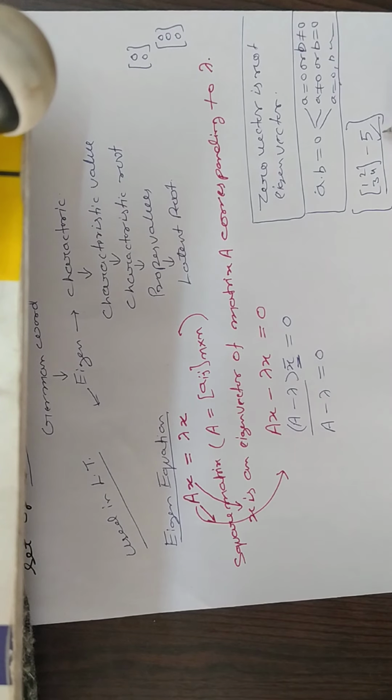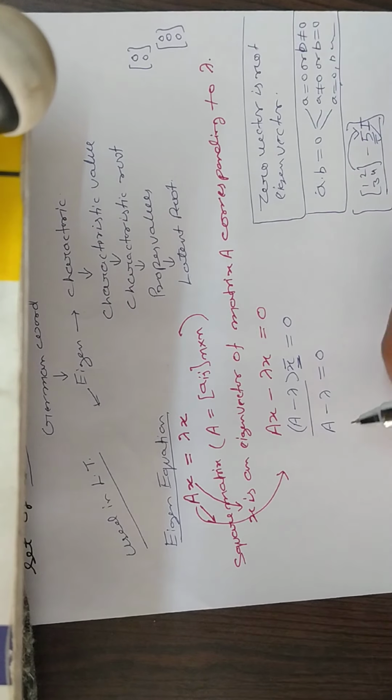It is not possible to subtract a constant directly from a matrix. First we need to put an identity matrix of the same order as A with the scalar. Then we can take the determinant of this value.